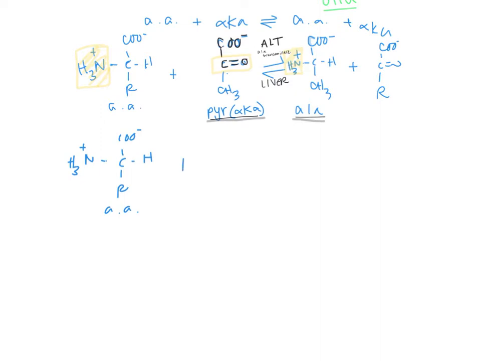Now, the alpha-keto acid I need in order to make aspartic acid is OAA. And I'm doing this in a particular order, so maybe I'll just do black. So again, an alpha-keto acid is a carboxylic acid next to the carbonyl. And now where pyruvate just had the one methyl group coming off of it, OAA has two.